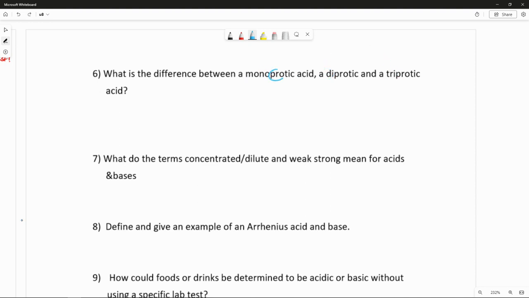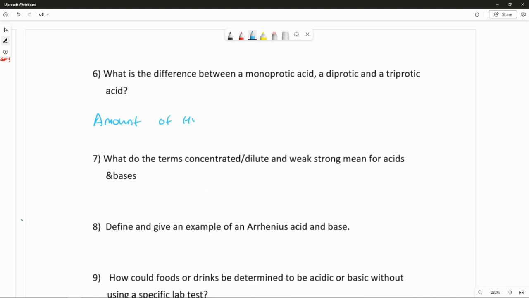The pro, I'm just looking at the word pro, means proton, H plus. So basically, the monoprotic means that the acid is able to give away 1 hydrogen, mono, 2 hydrogens, di, and 3 hydrogens, tri. So the differences between a monoprotic acid, diprotic acid, and a triprotic acid is the amount of hydrogens it holds or can give away.